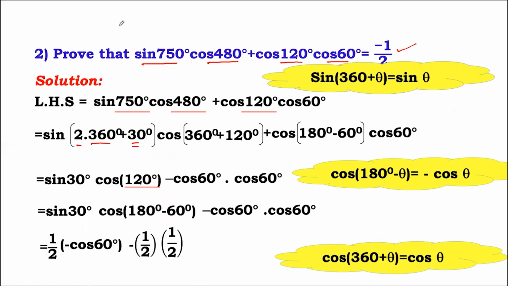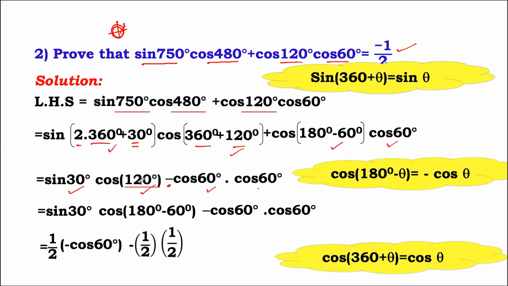So 360 degree two times means we are rotating two times and coming into the first quadrant. 360 plus 120 is in the second quadrant. 180 minus 60 is second quadrant, and this is first quadrant. So in the first quadrant, sine 30, then cos of 120 degree, in the second quadrant there will be a negative sign, so we take this negative sign, and cos 60, right?